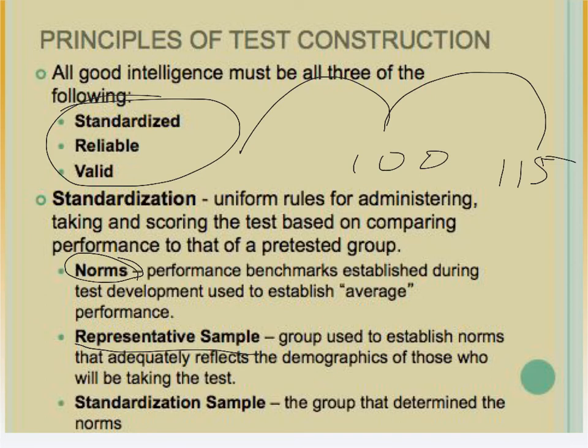So the way that they score on that test will be representative of how well you will score on the test. In this case, the standardization sample is representative, which is what we want. That's the group that determines the norm. In this case, it was the college students taking the AP Psych exam as their final in December for their class.